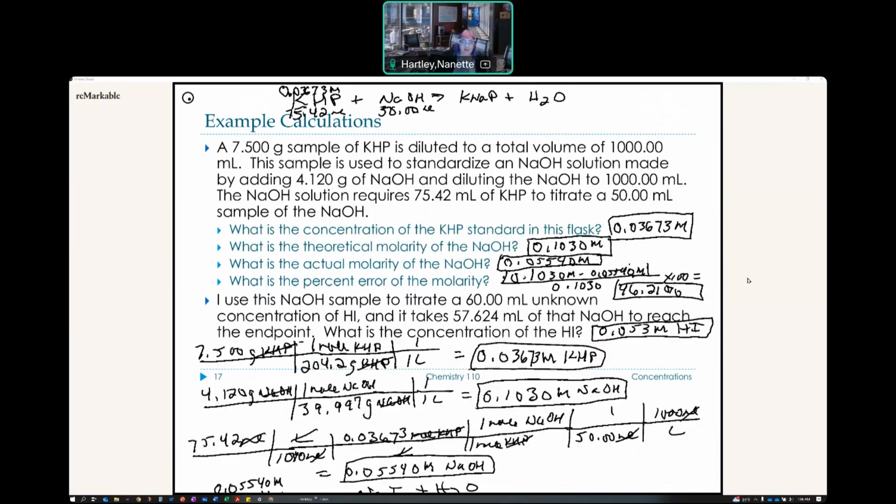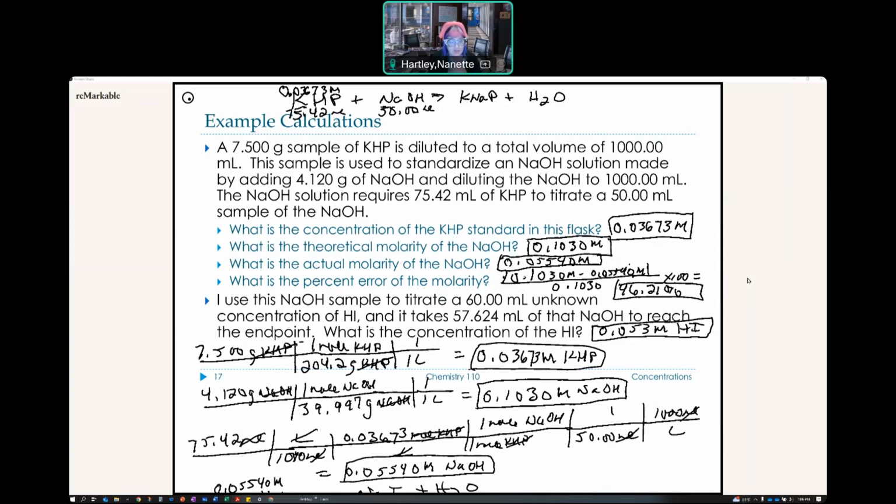This sample is used to standardize an NaOH solution made by adding 4.120 grams of NaOH, diluting the NaOH to 1,000 milliliters, or 1 liter. The NaOH solution requires 75.42 milliliters of KHP to titrate a 50 milliliter sample of the NaOH. What is the concentration of the KHP? What is the theoretical molarity of the NaOH? What is the actual molarity of the NaOH? And what is the percent error of that?